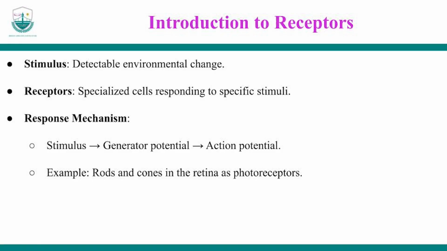So the cells that pick up this light and get excited, that is, they get to fire electrical impulses in terms of light, are the rods and the cones that are found in the retina.